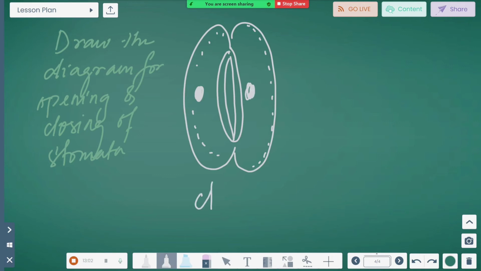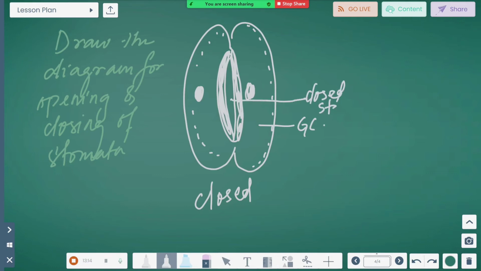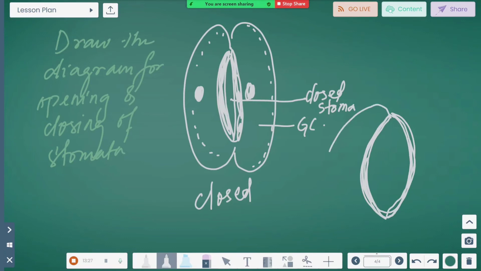So this is a closed stoma, and you have to label which is the stoma and which is the guard cell. This is your guard cell and this is a closed stoma. It is very important to write closed stoma. And if you have to show an open stoma, the opening has to be wide enough, and if the opening is wide, the guard cells have to be a bit thick.